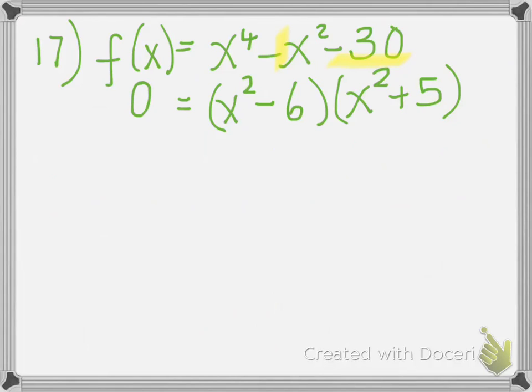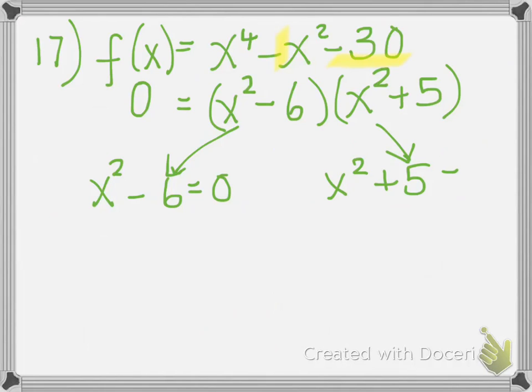So now to find our zeros, I set it equal to 0. I set each one of my factors equal to 0, and then I just solve for x in both equations. So that's what I have so far.